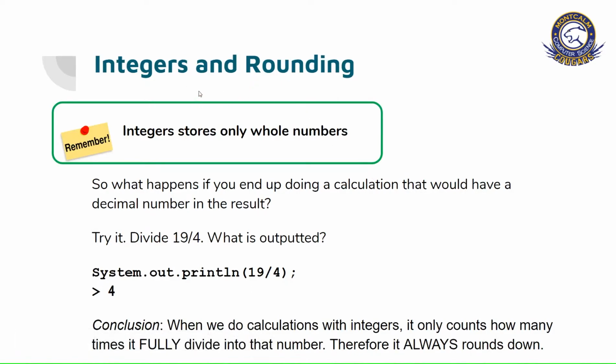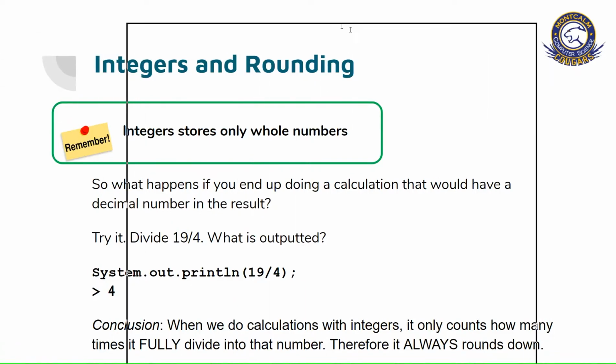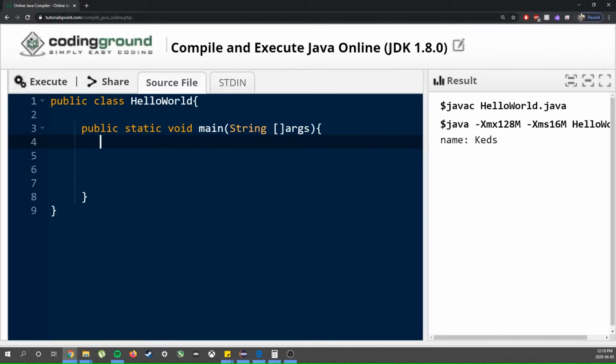When we're looking at integers, we said that they only stored whole numbers. So what happens if we do a calculation where a decimal number would be the result? I'm going to pull up our online Java compiler. You can do this in Eclipse as well. I'm going to declare an integer and call it number. I'll declare it on one line, and on the next line give it a value.